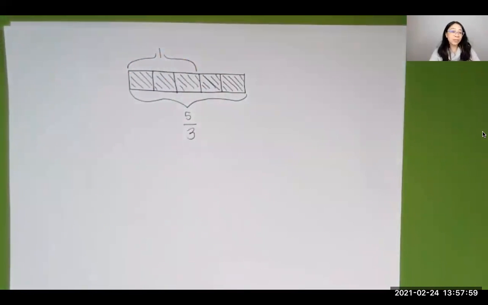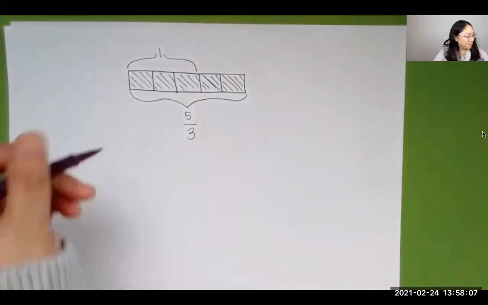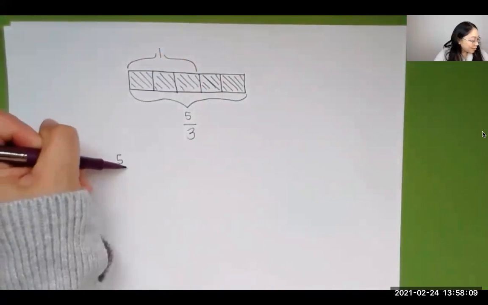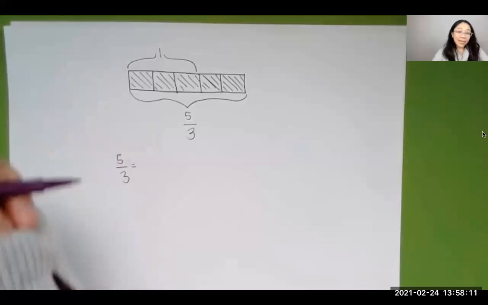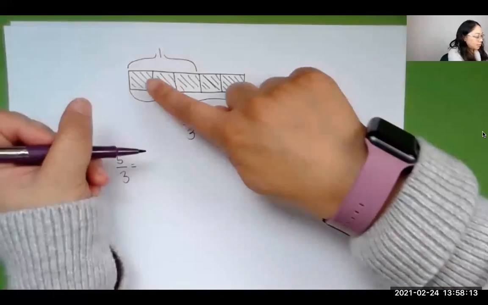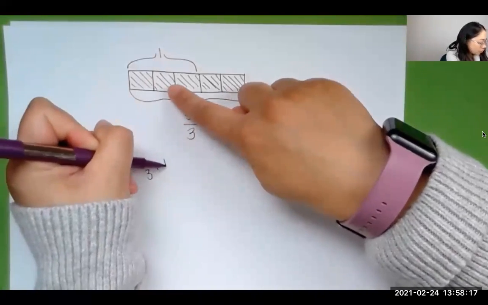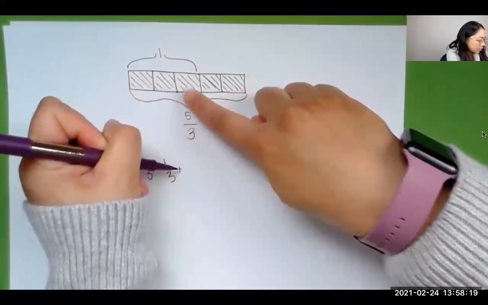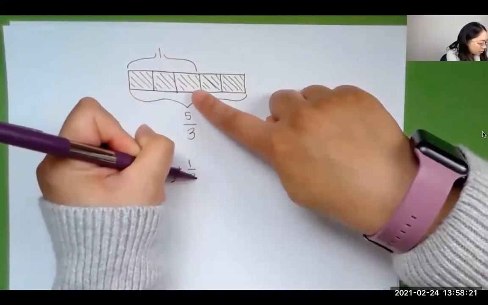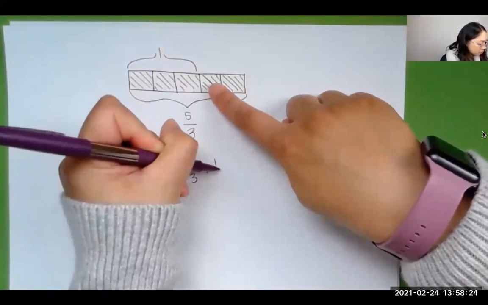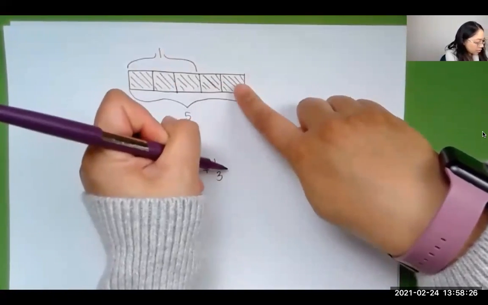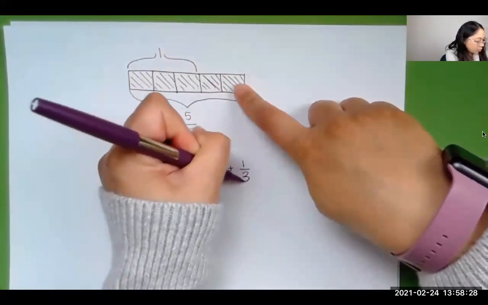How can we express 5/3 as a repeated addition sentence? Write it with me now. 5/3 equals 1/3 plus 1/3 plus 1/3 plus 1/3 plus 1/3.